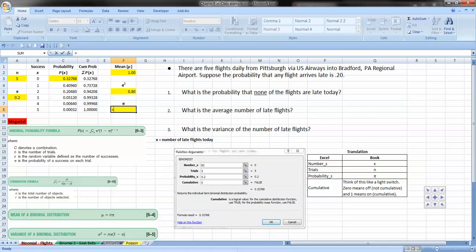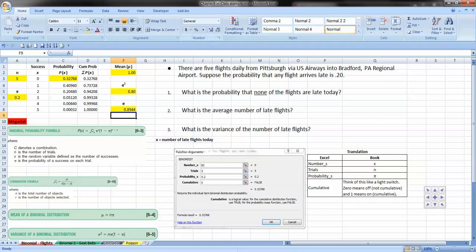Our variance is 0.80, and to get the standard deviation we just take the square root of our variance, and we get 0.8944 for the standard deviation. I didn't ask that question in here, but we threw it in because it's a straightforward calculation to do.